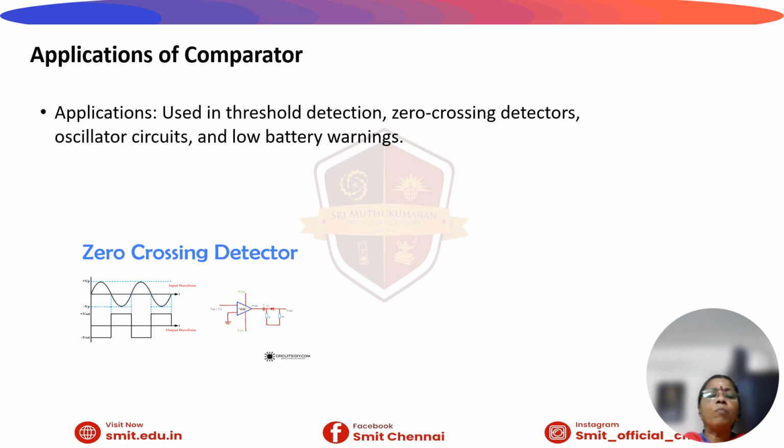So when the input signal is greater than 0 volt, it is minus Vsat, and when the input signal is less than 0 volt, it is plus Vsat, indicating the time at which it crosses the 0 level. Thus, this configuration will act as a zero crossing detector.